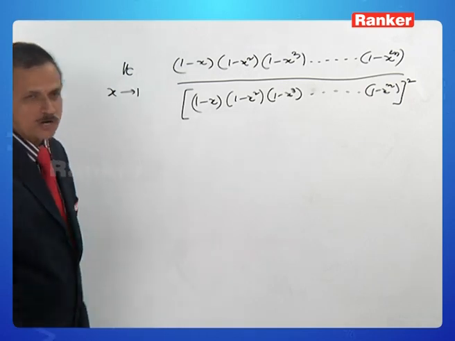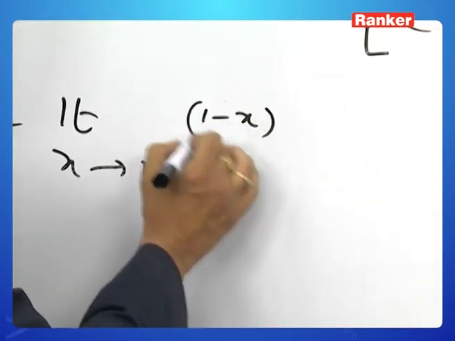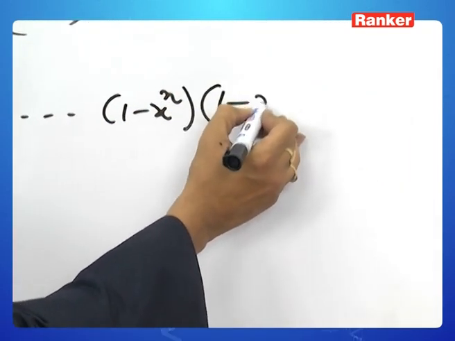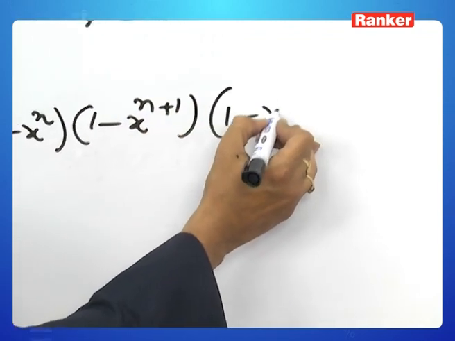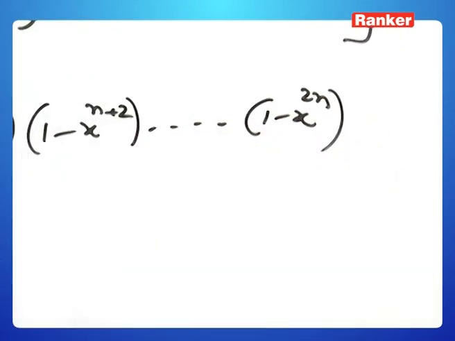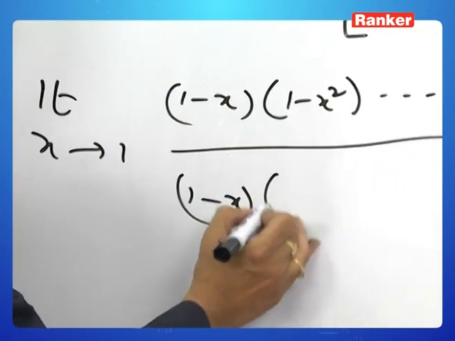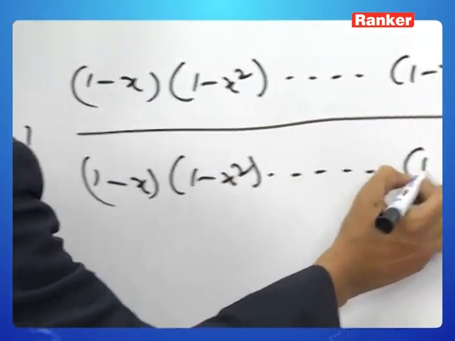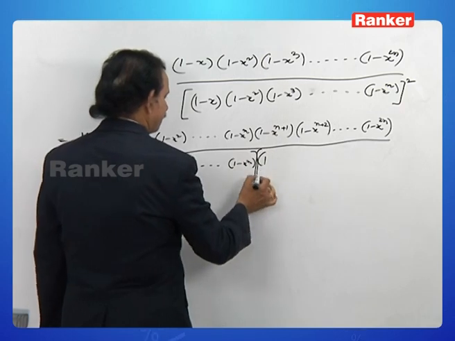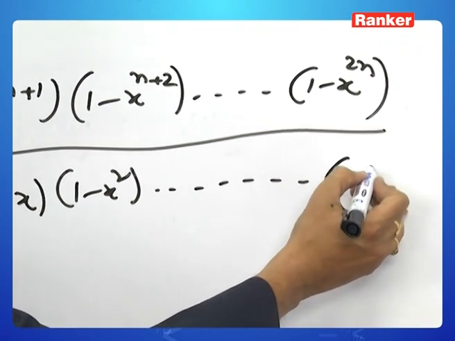Let me try to express it on board. It is equal to limit as x tends to 1 of (1 minus x) into (1 minus x square) and so on (1 minus x^n) into (1 minus x^(n+1)) into (1 minus x^(n+2)) into etc. (1 minus x^2n) by (1 minus x) into (1 minus x square) into (1 minus x cube) into (1 minus x^n) into again (1 minus x) into (1 minus x square) into (1 minus x cube) into (1 minus x^n).